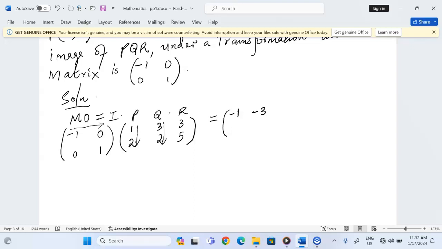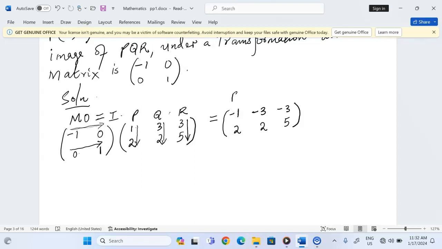The next is the same row multiplied by the last column, where -1 multiplies 3 and 0 multiplies 5, giving -3. Then for the lower elements, we use the second row and the first column: 0 by 1 and 1 by 2, giving 2. The next is 0 by 3 and 1 by 2, giving 2. Finally, 0 by 3 and 1 by 5, giving 5.